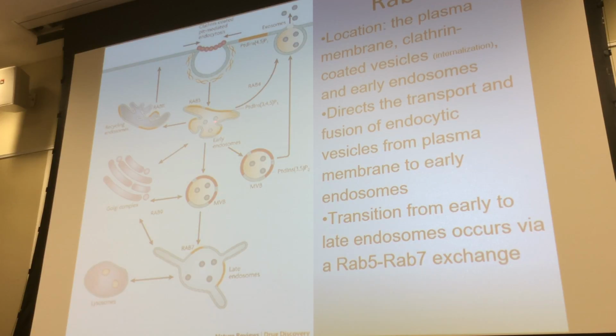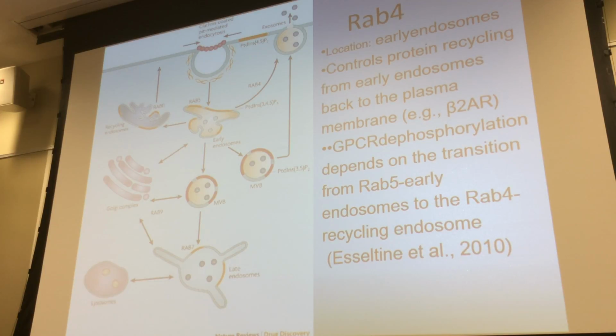This directs their trafficking so that they can join either recycling endosomes, or they might bud off and go to the Golgi, or they might form these multivesicular bodies and ultimately find their way to the late endosomes. But it's going to take a different Rab to do each one of those steps. So the first Rab after the early endosome could be the recycling endosome.